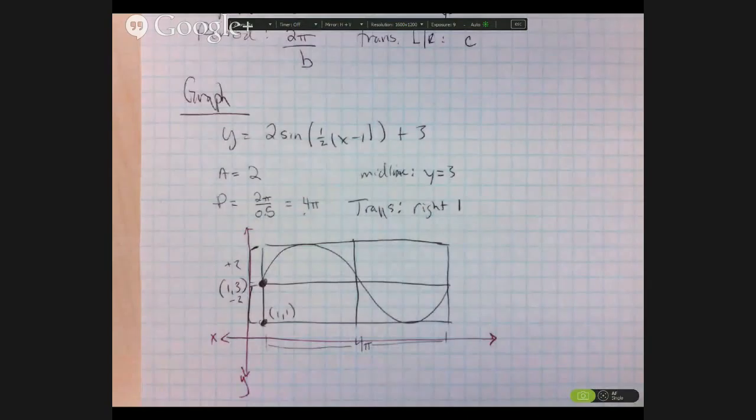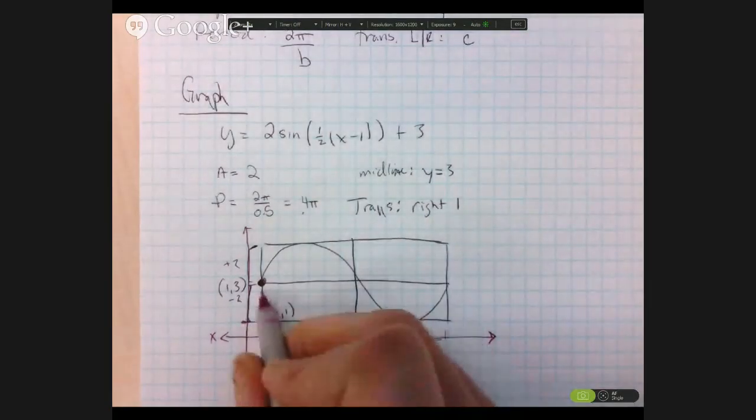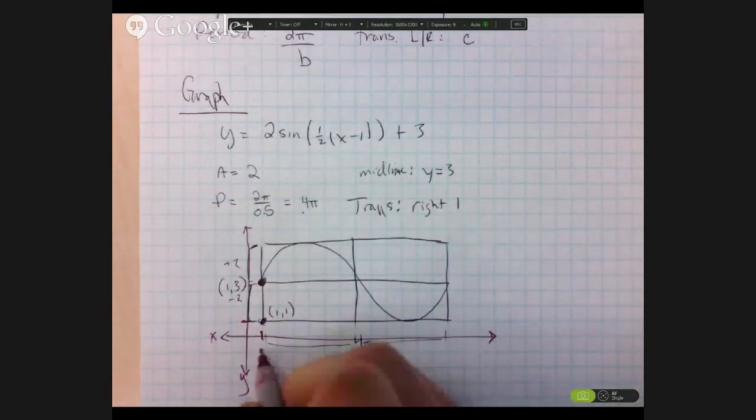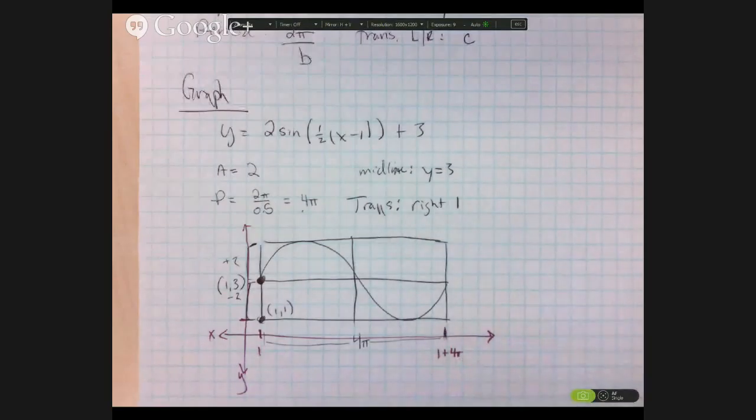You just graph that. This one's a touch off because I put my grid a bit big, but this should be 1, and this point would be 1 plus 4 pi, whatever that is.